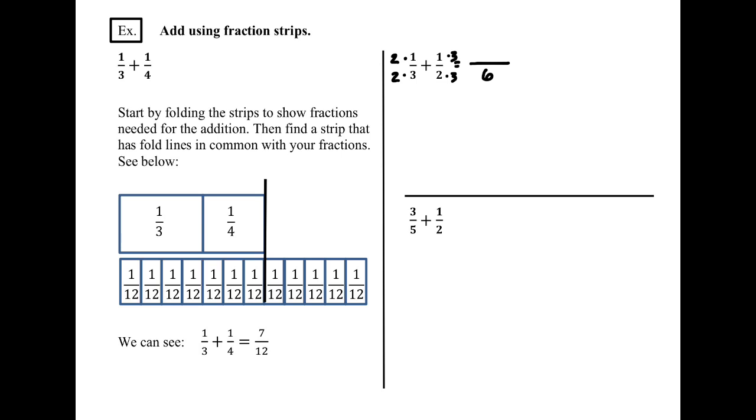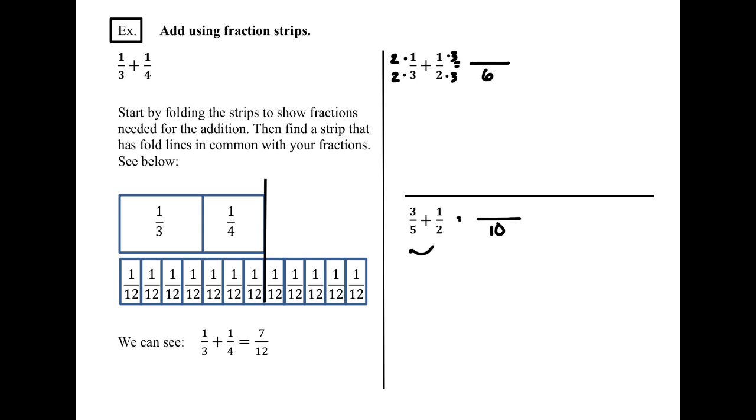Okay, on the bottom one, what do 5 and 2 both go into evenly? 10. And you get here, times them by each other. You do 5 times 2, and you do 2 times 5, and it works. Every single time it'll work. But sometimes it's not the easiest. Okay?